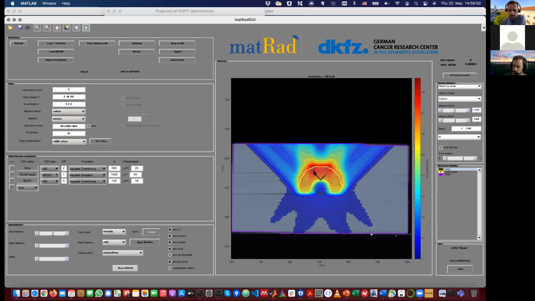And this really means that we have to apply the physical dose that you see here to induce the same effect as if you would apply a photon dose of 2 gray. And because of the nature that the RBE is increasing for increasing depth, we have this phenomenon that we have a high physical dose on the proximal side of our tumor, and then it drops off towards the end to account for the increased effectiveness.